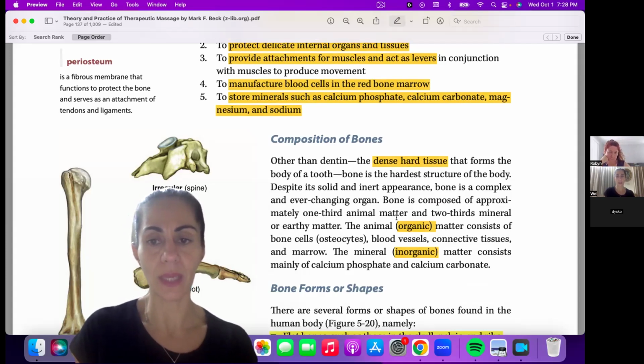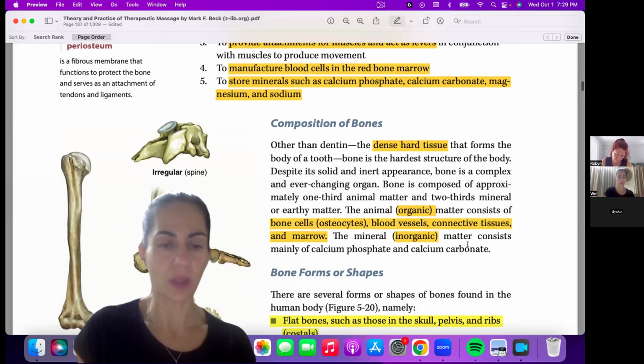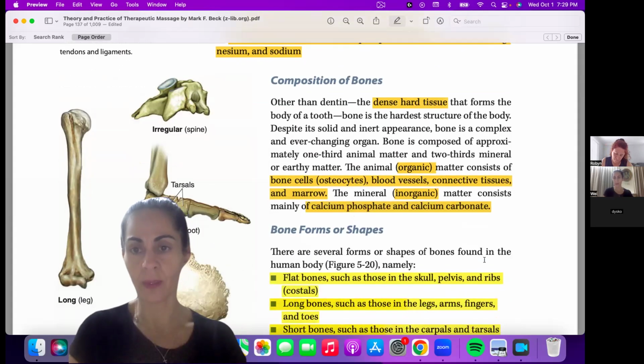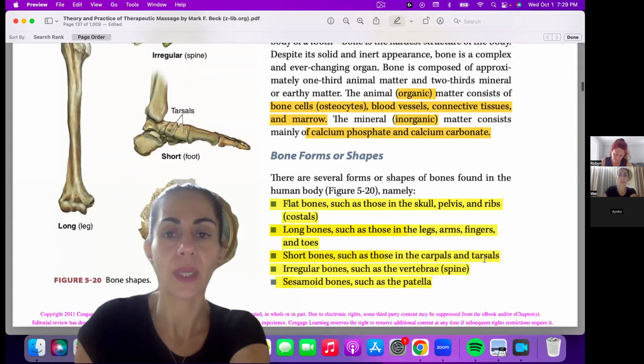The organic matter, which is the animal matter, consists of osteocytes, blood cells, and connective tissue in the bone marrow. And the inorganic consists of the minerals, which is calcium and potassium. Done. Nice and simple.